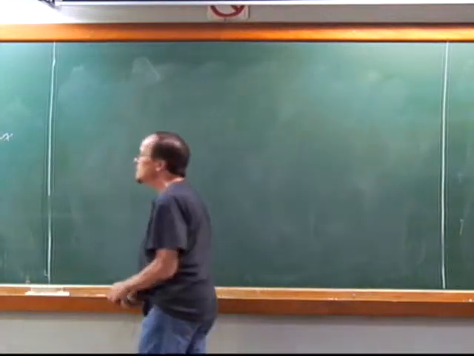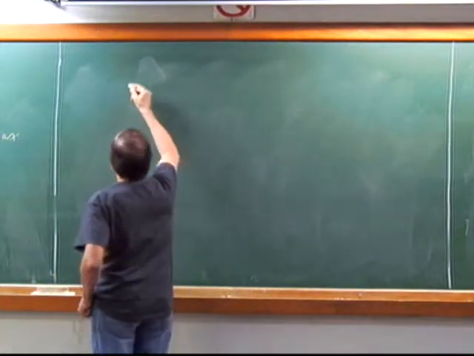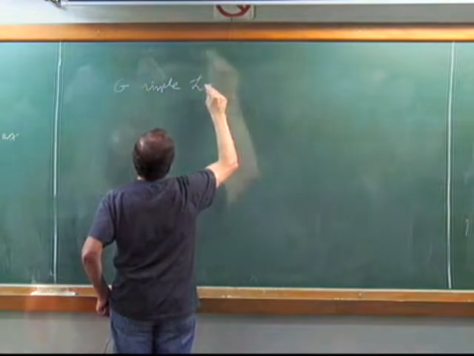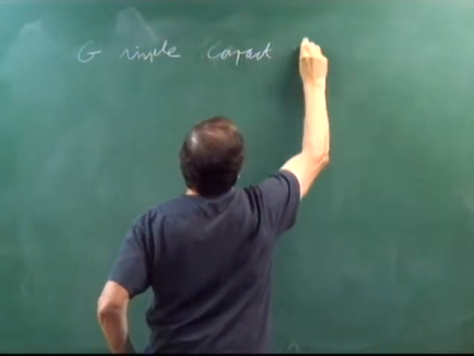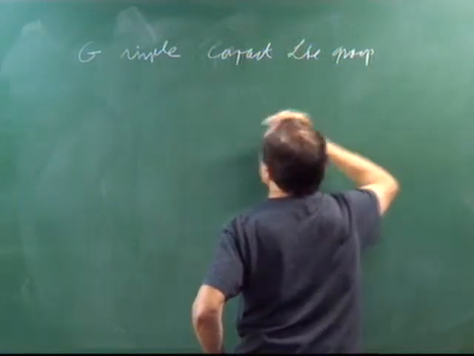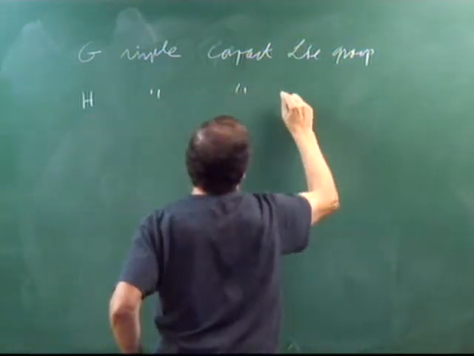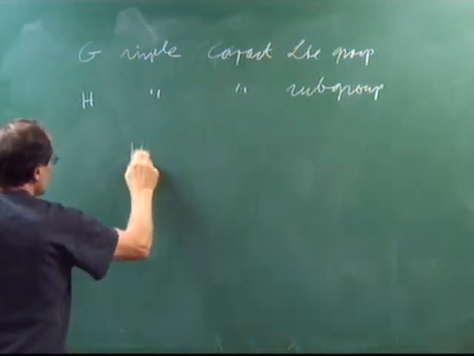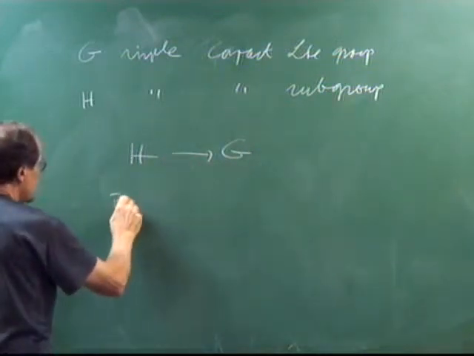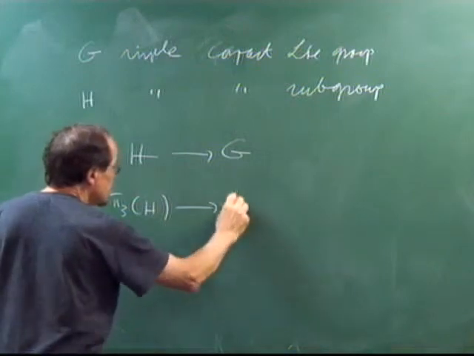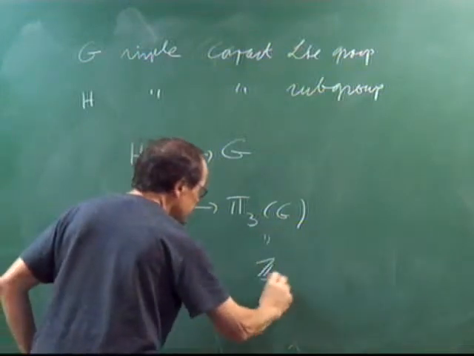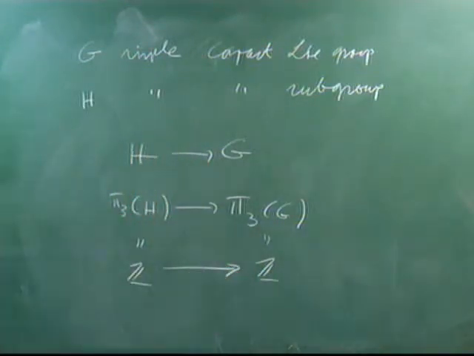So let me just mention maybe as something, a future comment. In general, if I have, say, G, a simple compact Lie group, and H, a simple compact Lie subgroup, then I get the inclusion from H to G. And one of the facts about compact simple Lie groups is that pi 3 is equal to Z. So I get an induced homomorphism from Z to Z for every simple subgroup of a simple Lie group.